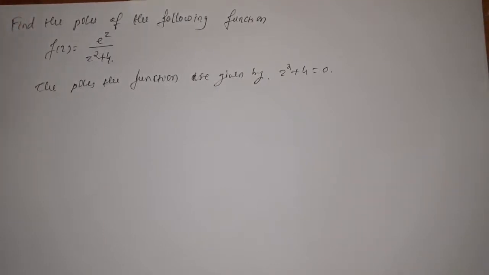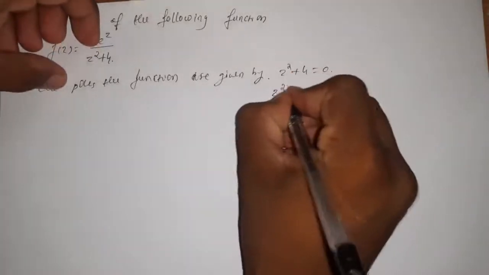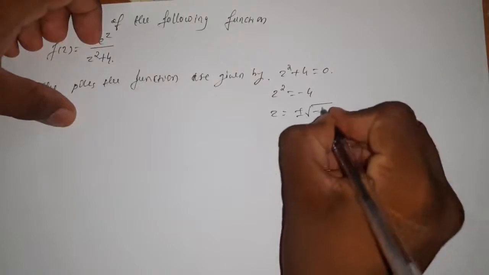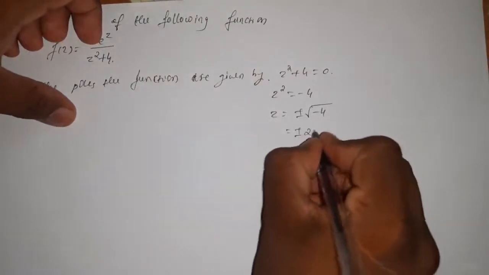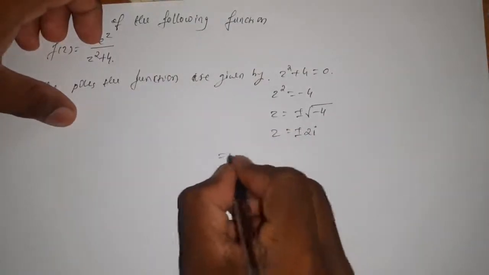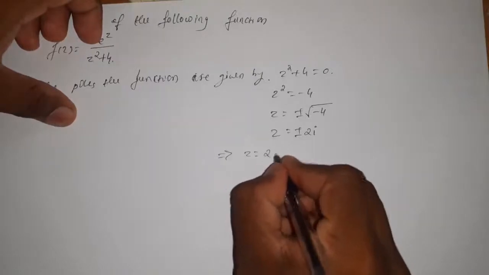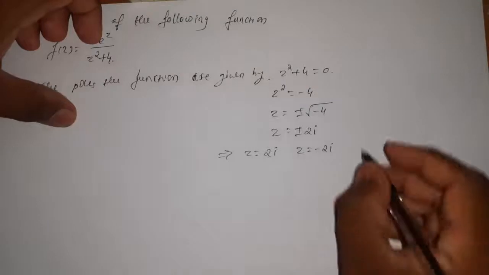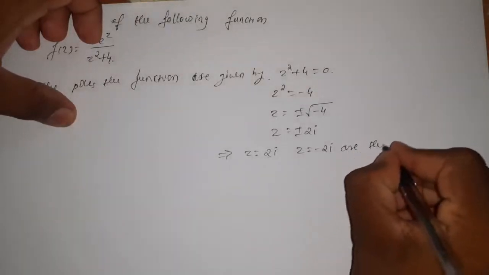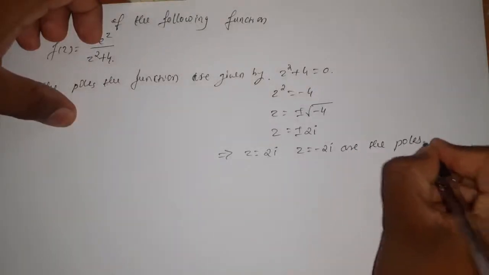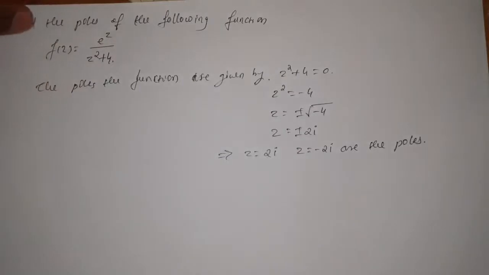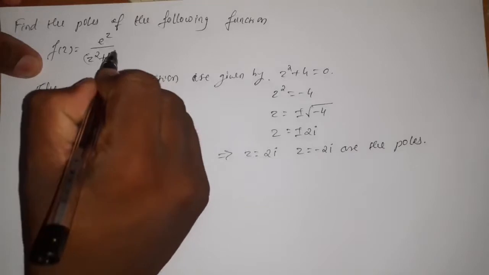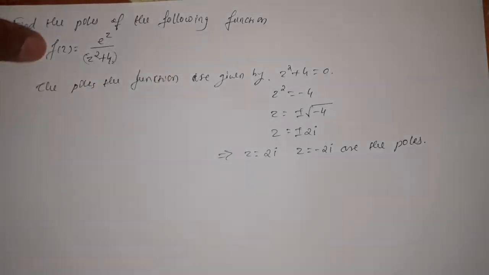So it is a quadratic equation. Therefore here z square equal to minus 4, then z equal to plus or minus square root of minus 4, which is equal to plus or minus 2i. Then it implies that z equal to 2i and z equal to minus 2i are the poles. And here we know that the order of this denominator, meaning the power of this denominator, is equal to 1.